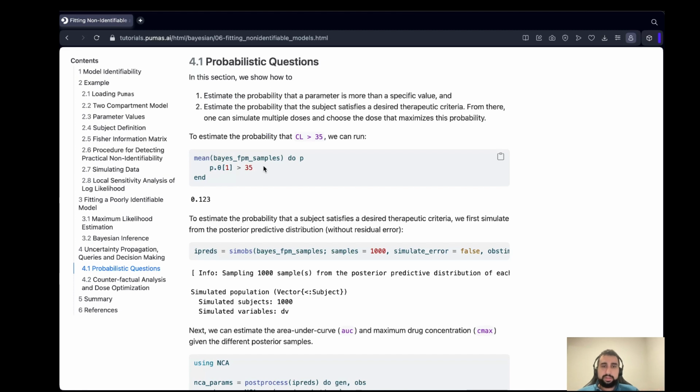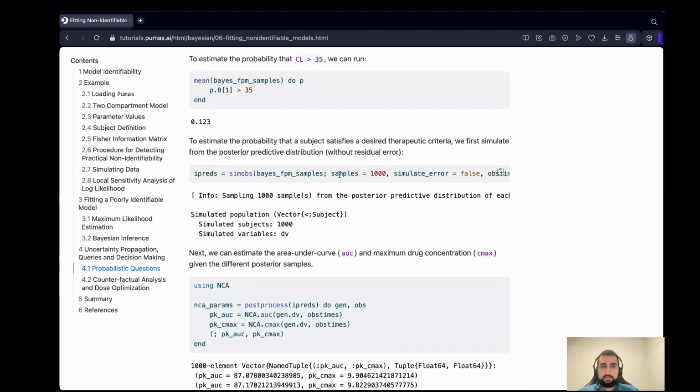So if this is the effect, I can get the difference in effects, or what is the probability that the difference in effects is more than 0. So you can do all sorts of arbitrarily complex queries of your parameters to get probability estimates of various events.